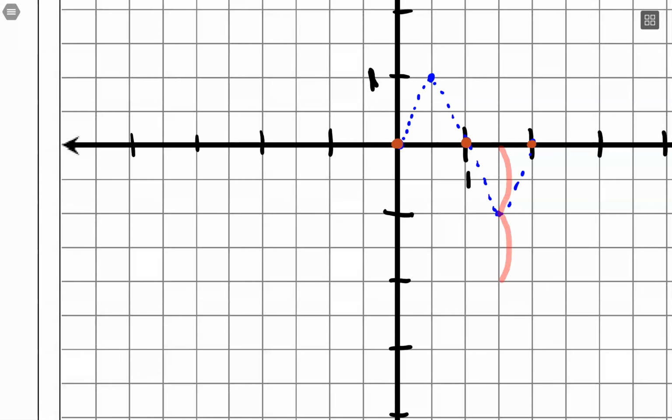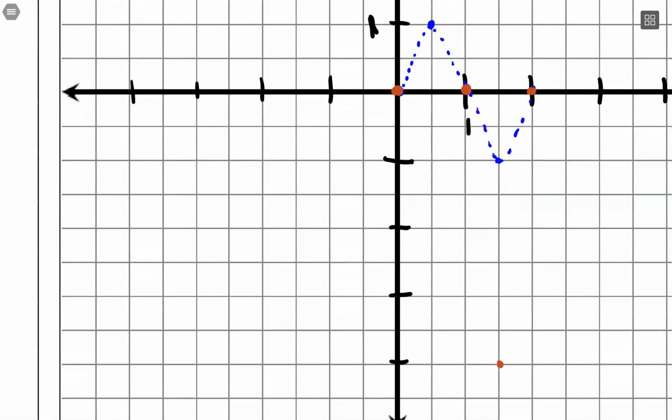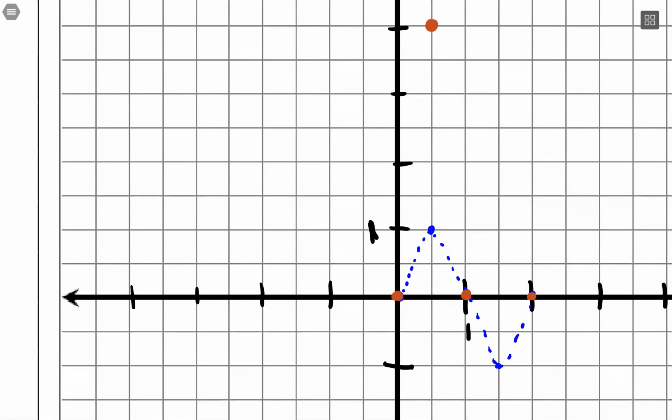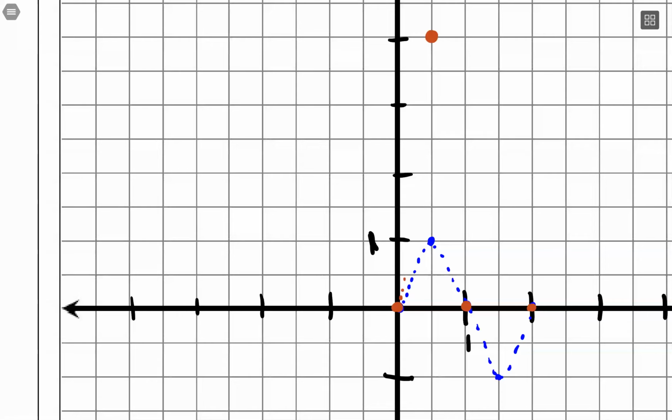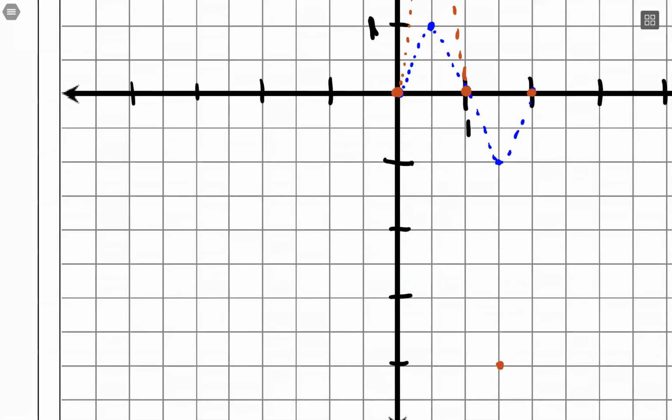So we're going to go 1, 2, 3, 4. So I'm going to have a point all the way down here. I've stretched by 4, so you can see my function has lengthened vertically. So up and down, it's lengthened. Okay.